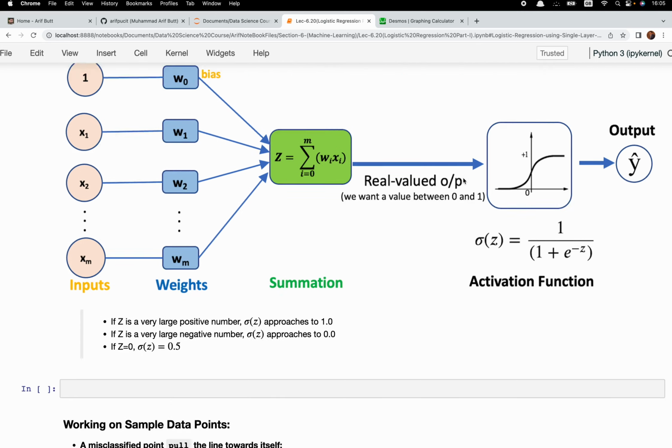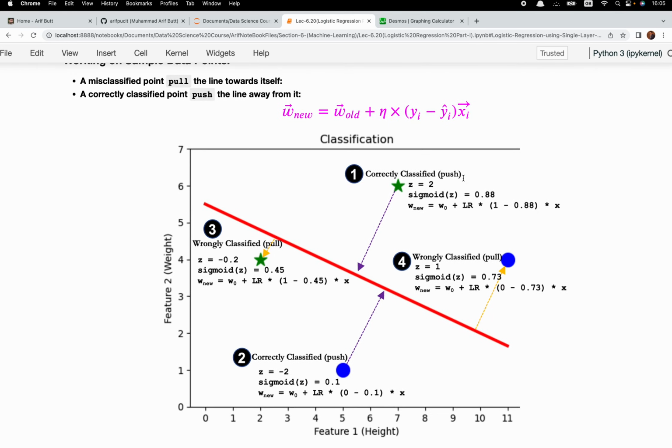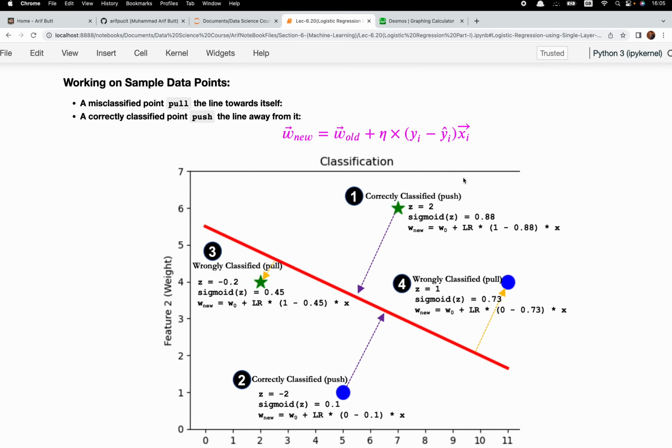Okay. Well, for crystal clear understanding, let me describe the working using these 4 data points. Suppose the data points represented by these 2 green stars belong to the positive class. So this green star number 3 is on the wrong side of the line and is misclassified.